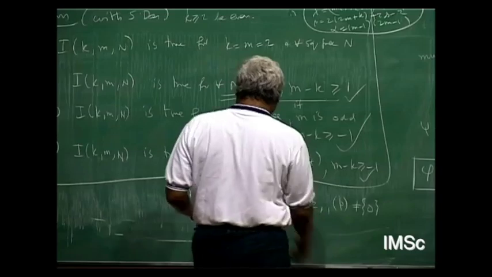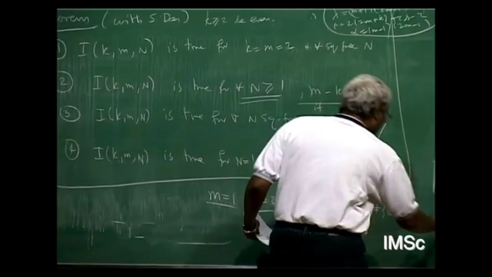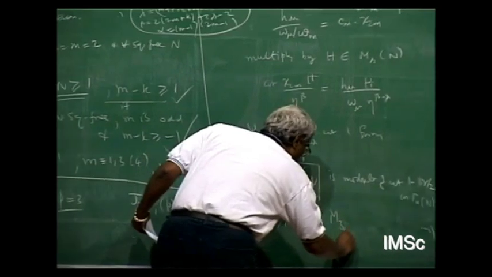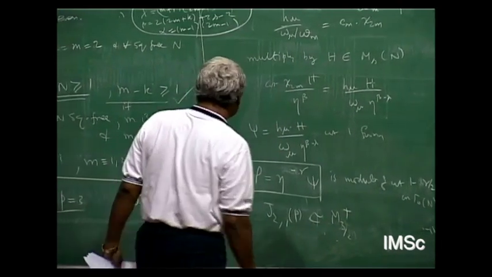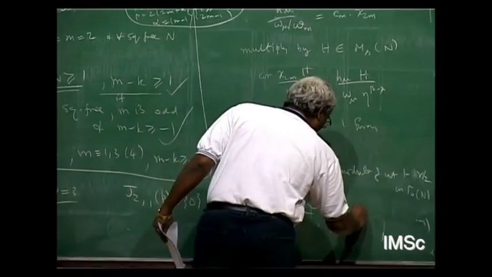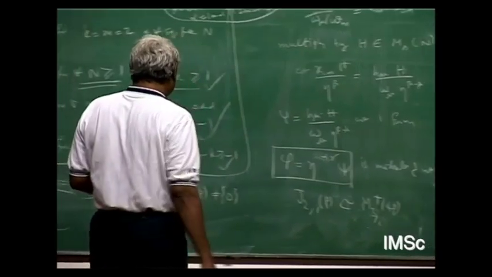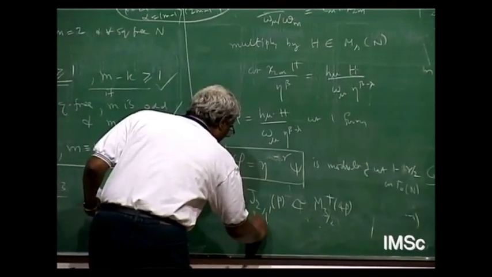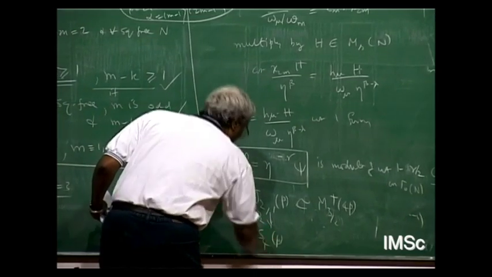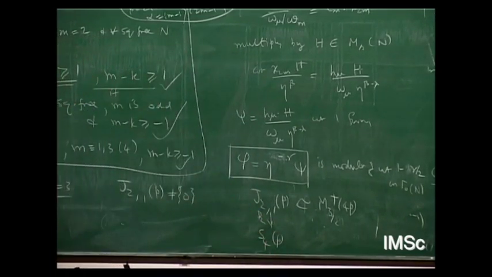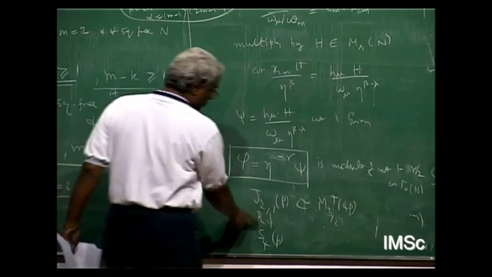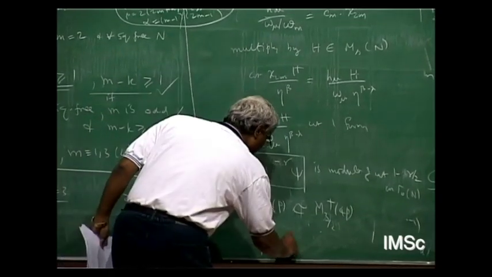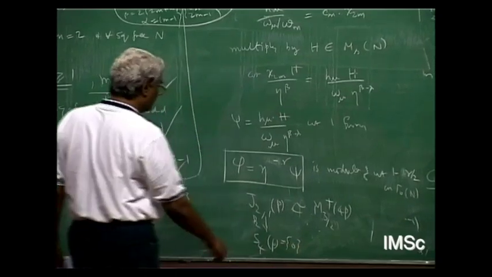So there are non-zero Jacobi forms, and we know that this J2,1(p) is isomorphic to the weight 3 by 2 plus space of level 4p, and your D2 map takes this to S4(p). So D2 takes J2,1 to weight 2 plus 2, so that is a weight 4 cusp form, and we know that this is 0.